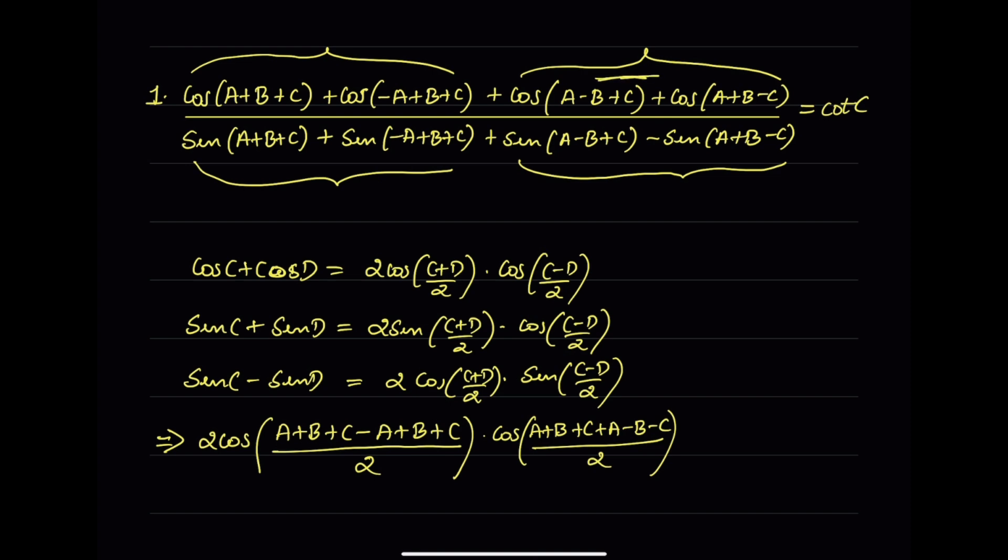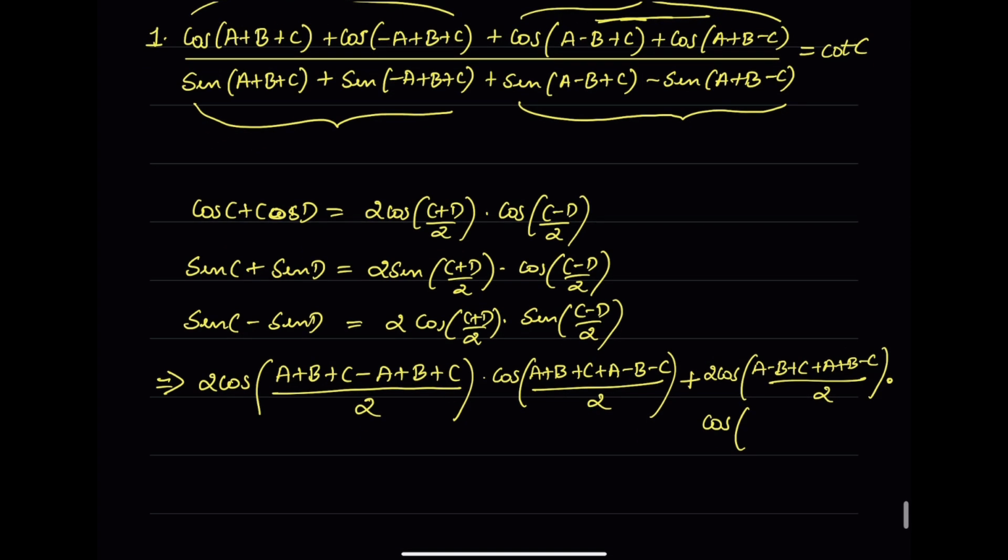Now I'm applying it to the second part, so that will be plus 2 cos of (A minus B plus C plus A plus B minus C)/2, multiplied by cos of (A minus B plus C minus A minus B plus C)/2. Now the numerator is completed.